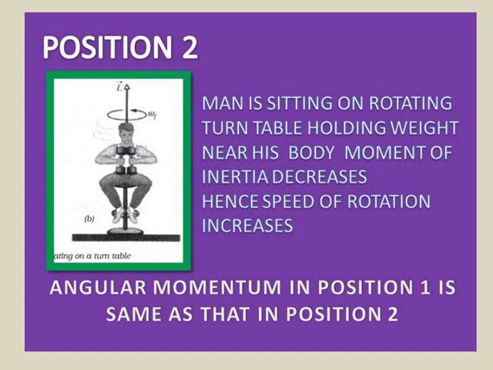The same man rotates about the same vertical axis with a greater frequency, but in position number 1 as well as in position number 2, the angular momentum of the man is conserved. These are two different examples based on the law of conservation of angular momentum.